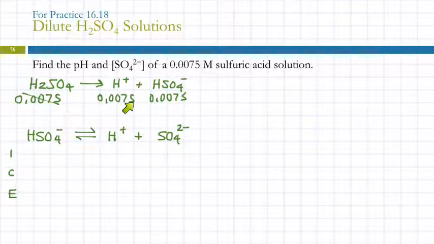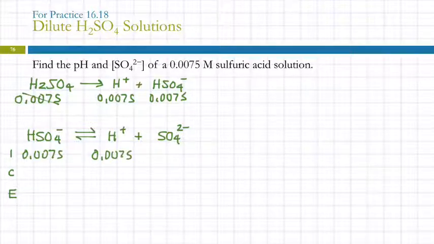And these are our initial concentrations. The starting concentration for the hydrogen sulfate is 0.0075. And the starting concentration for the hydrogen ion is 0.0075. Starting concentration for sulfate would be 0. This is not where it's going to stay, but this is where we're starting.